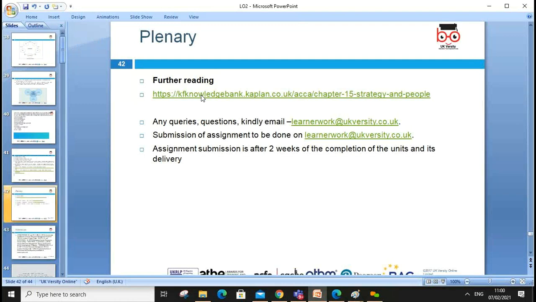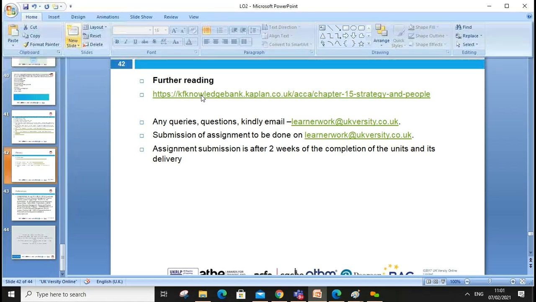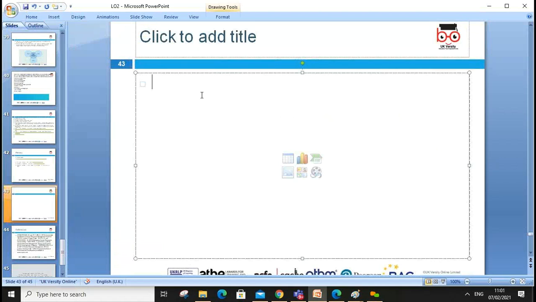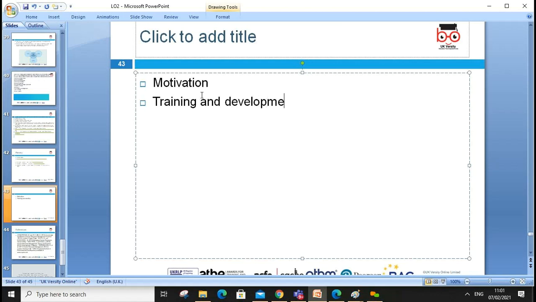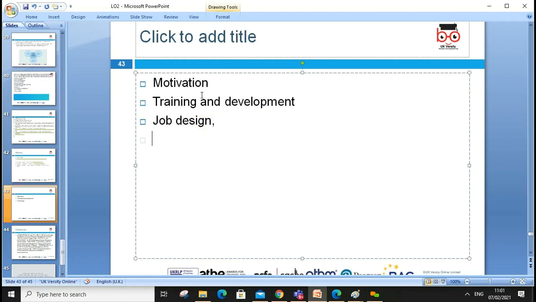So today's lesson, guys, was a recap of the session. We learned about key terms: motivation, training and development, job design, and we discussed motivational theories.